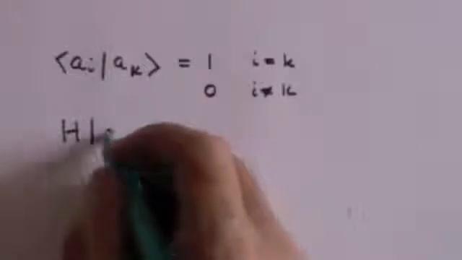Let's take a Hermitian operator acting on one of the eigenvectors, which we will just call A, to produce lambda, and I'll give it a subscript A to show that that is the eigenvalue associated with that eigenvector multiplied by the same eigenvector.